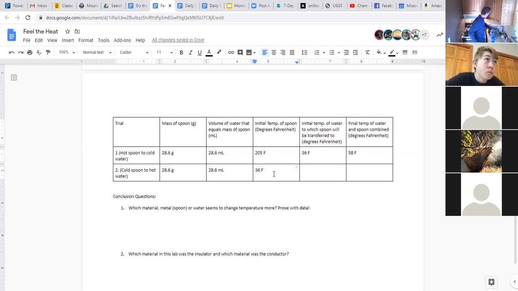I'm actually going to let this sit for a moment. I put that cold spoon into 205-degree water, and we're just waiting on the final measurement to balance out. Ooh, it's up there. Well above 100.